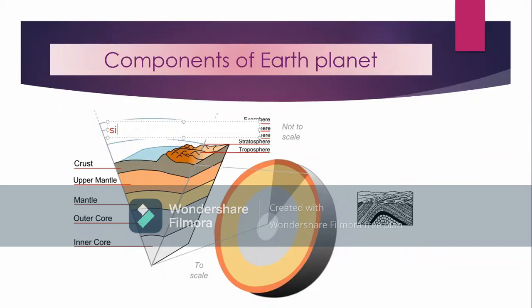Yes, this is easier. Sima: the first is Si, from silica, and Ma from magnesium.